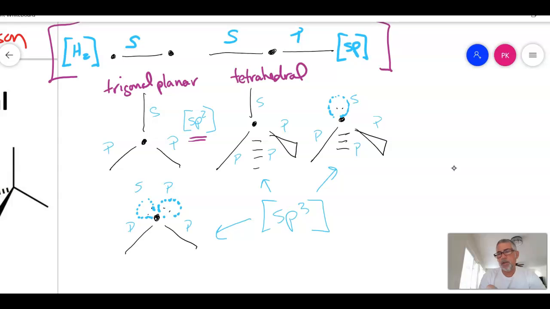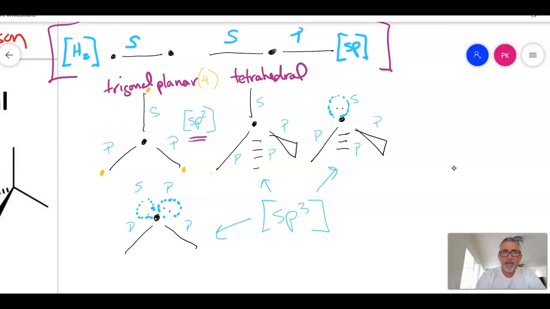Right? So what they talked about in the one video is if I have 4 atoms, right? So if I make my other atoms this color, if I have 4 atoms, it could be trigonal planar.